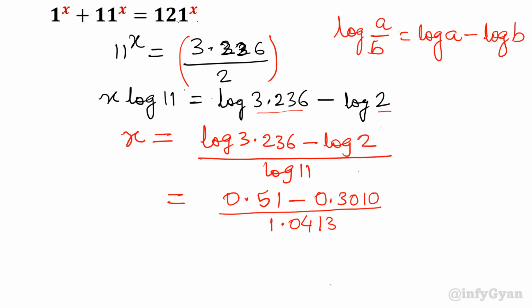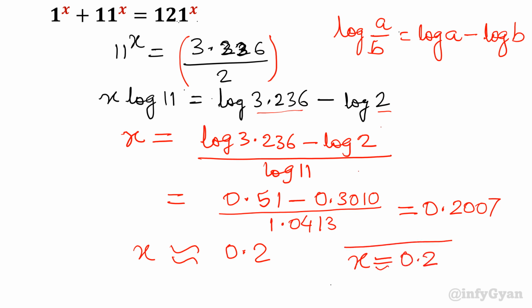If you simplify this, it is coming out 0.2007. So almost its value is equal to 0.2. We will consider x approximately 0.2 if I neglect the fourth place after the decimal. If you want to cross check, you can cross check it.